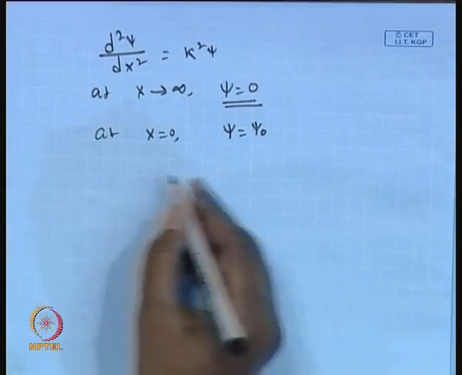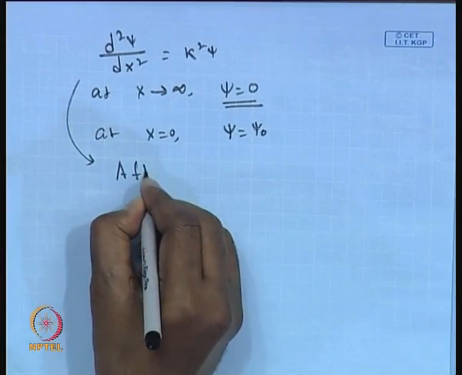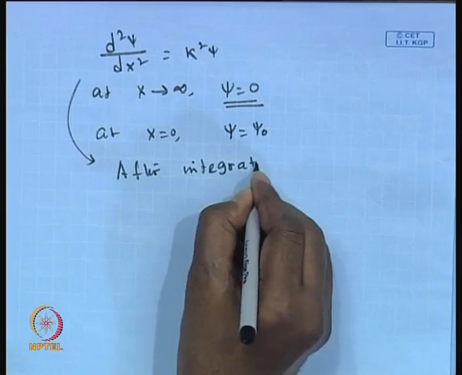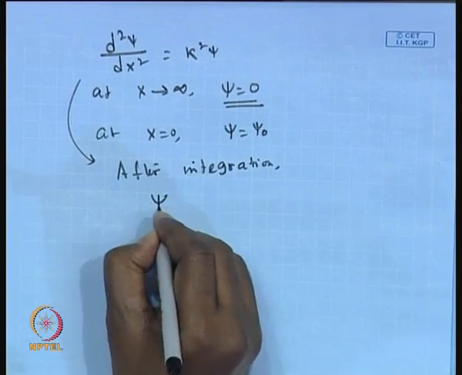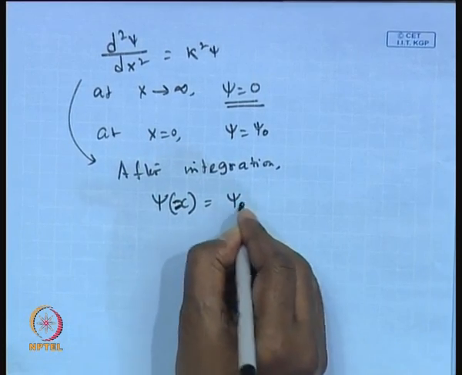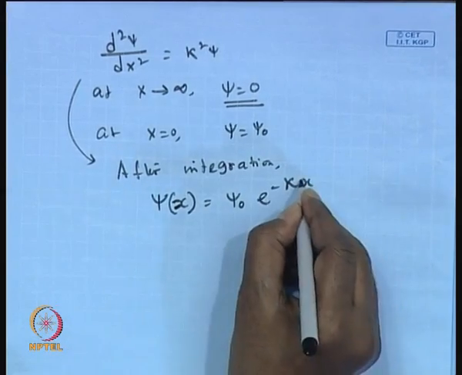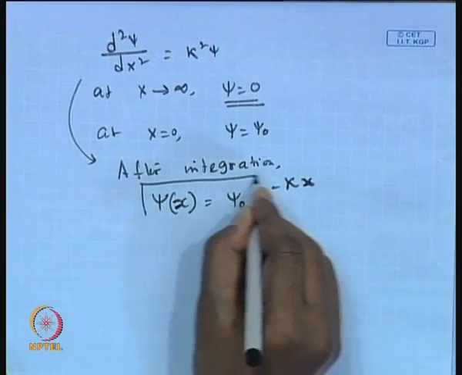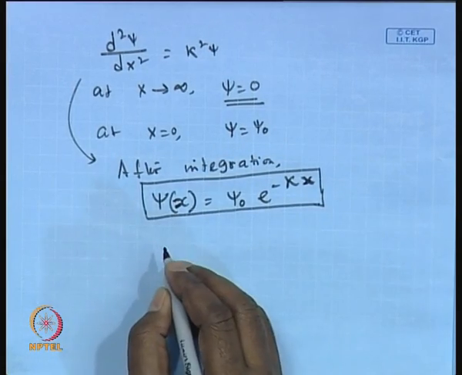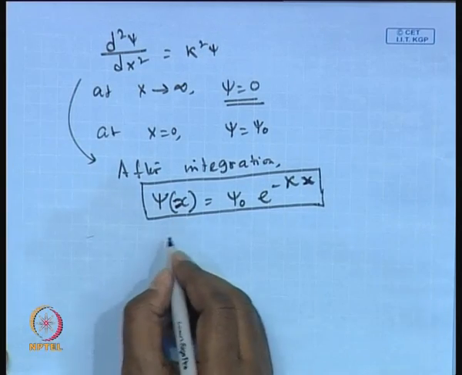If you integrate it out, the solution gives the potential distribution as a function of x: psi equals psi 0 exponential minus kappa x.